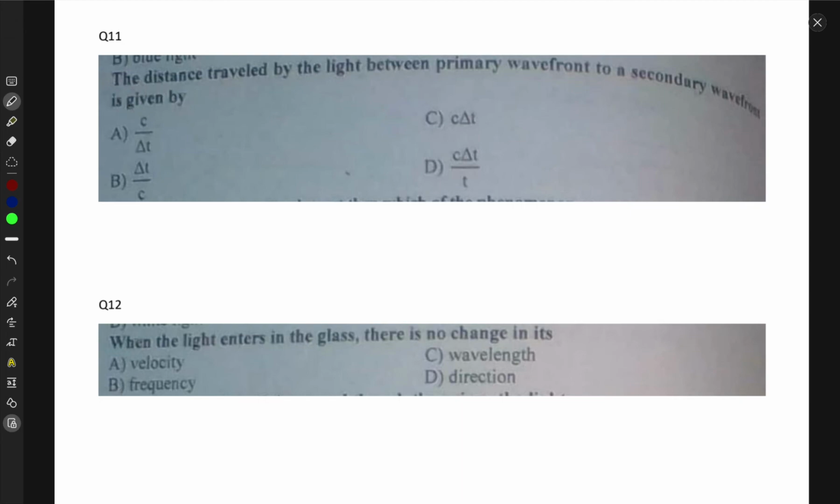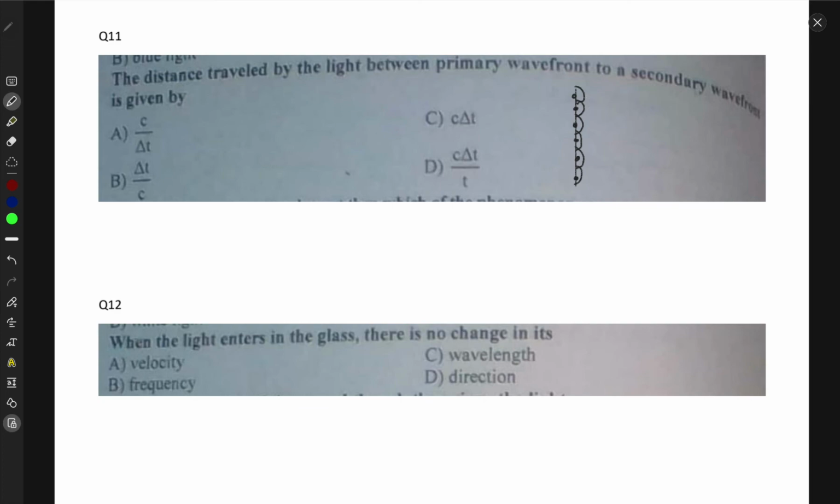So if I recall, if I have this as my primary wavefront, and there are some points on this wavefront, around these points we develop these secondary wavefronts, remember? So it's like this, like this, like this, something like this, right?